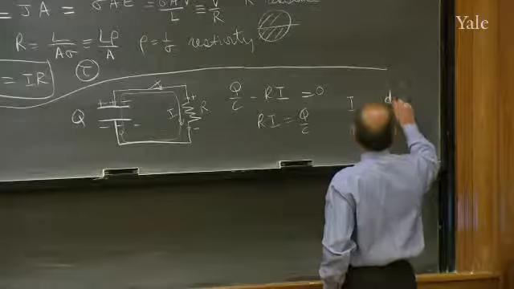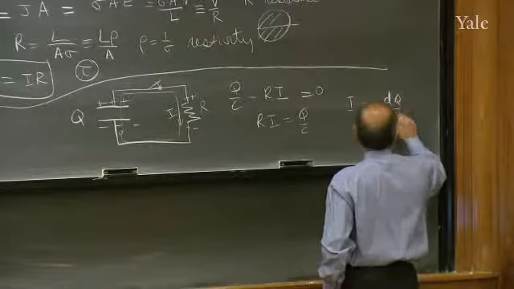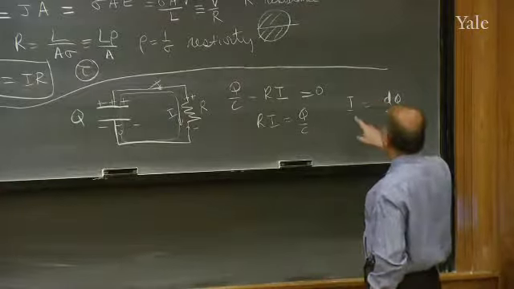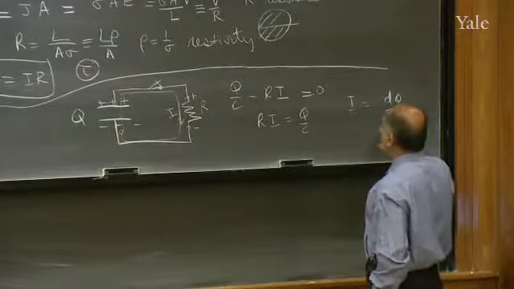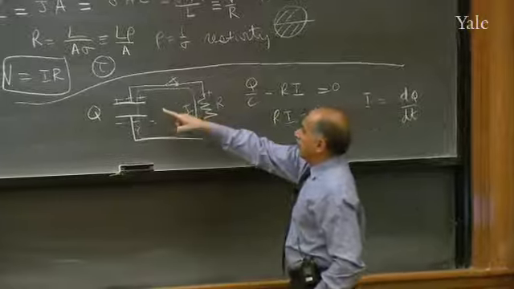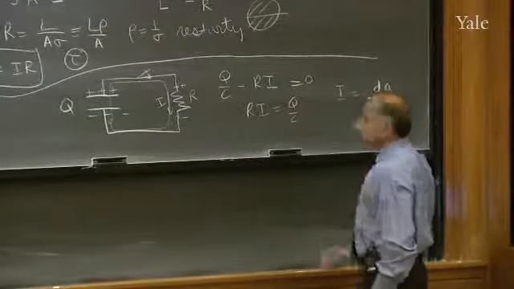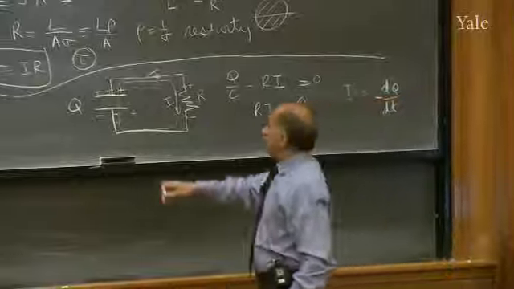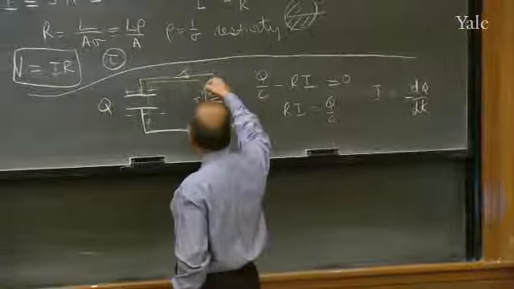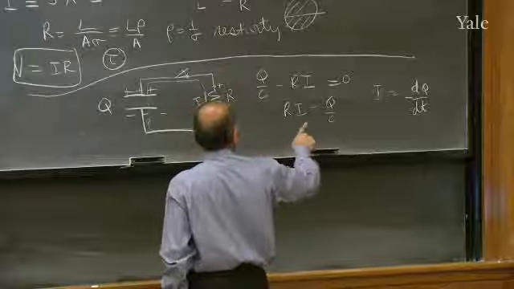I is dq dt, because in a small time dt, when the current I flows, I dt coulombs flow through here, but they've got to come from there. But the only thing missing is the minus sign.